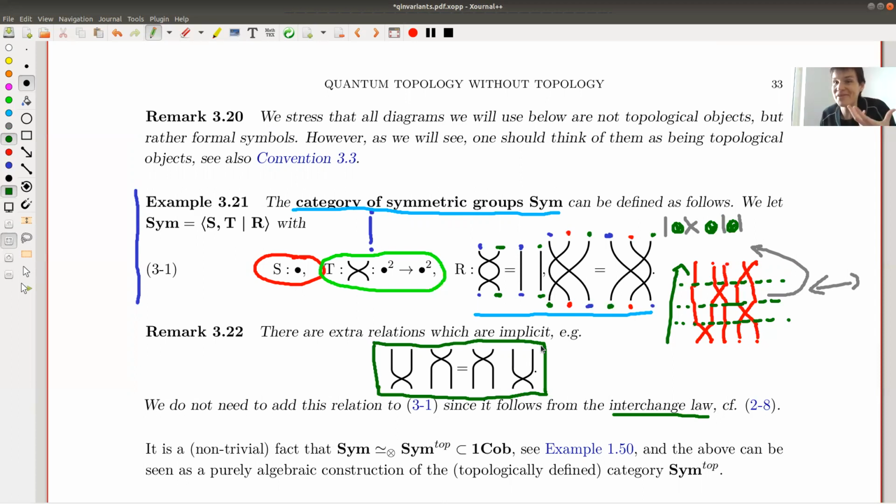It should be a category generated as a monoidal category. So I impose all the axioms of a monoidal category, maybe more relations. So I don't need to impose this, it would already hold in the free symmetric, the free category generated by S and T.